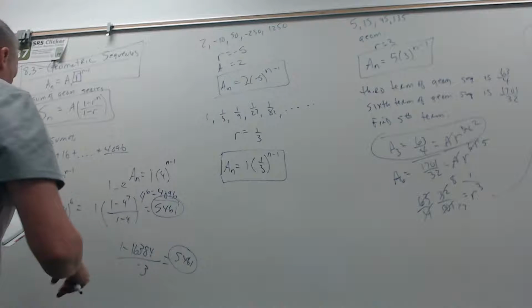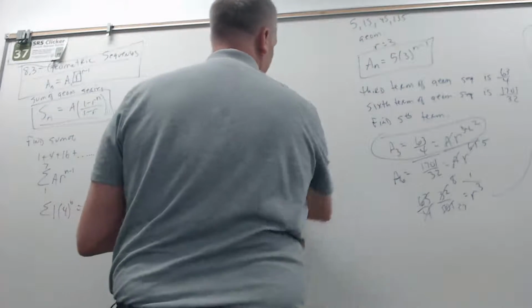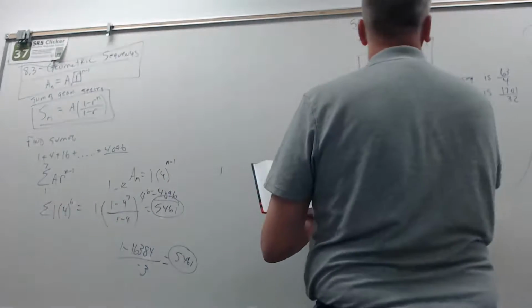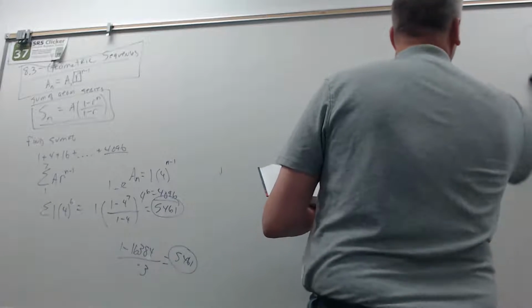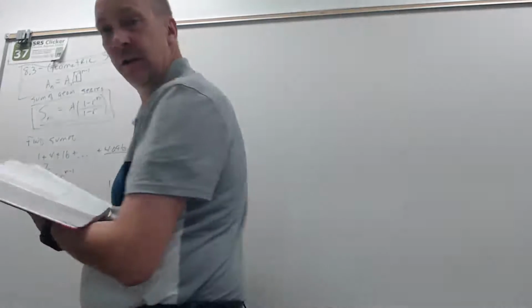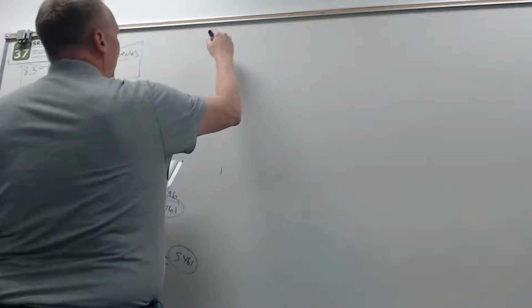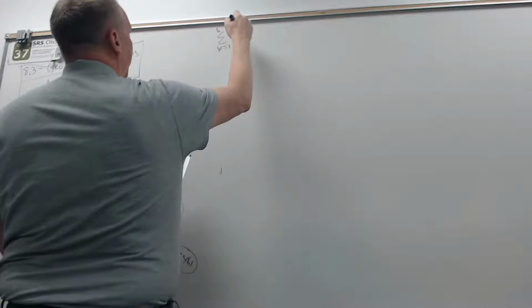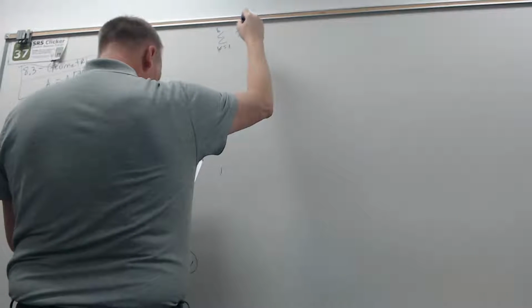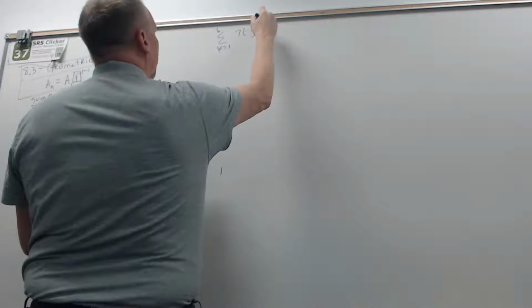Okay, let's do it again. Probably should have started with this one. This one's probably a little easier. The sum from k equals 1 to 6 of 7 times negative 2/3 to the k minus 1.